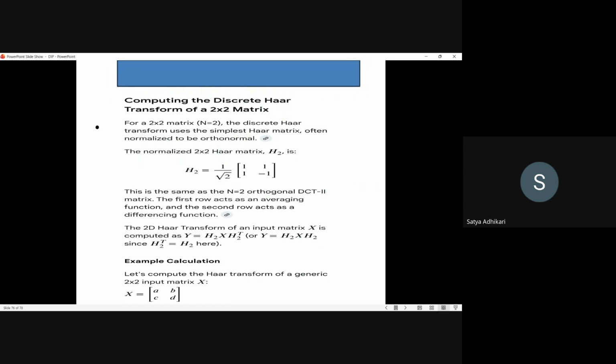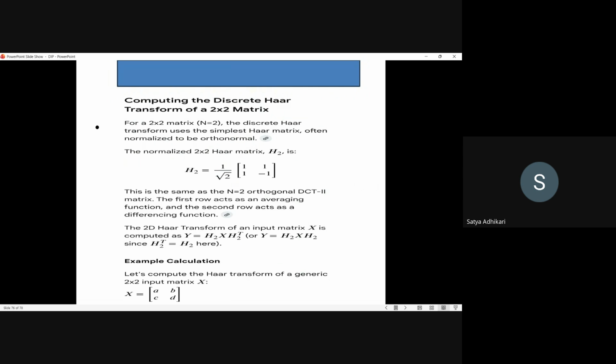Computing the discrete Hart transform of a 2 cross 2 matrix. For a 2 cross 2 matrix, n equal to 2.